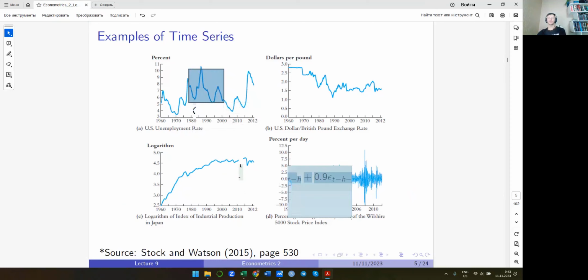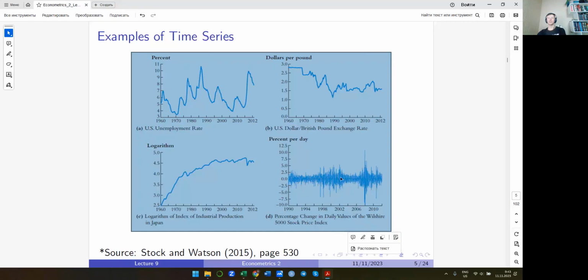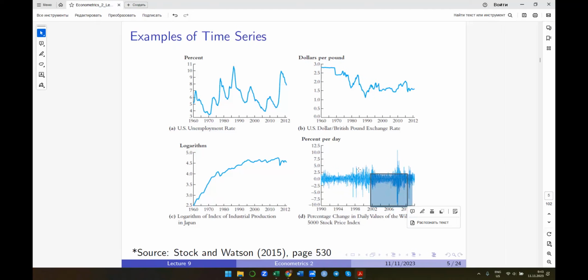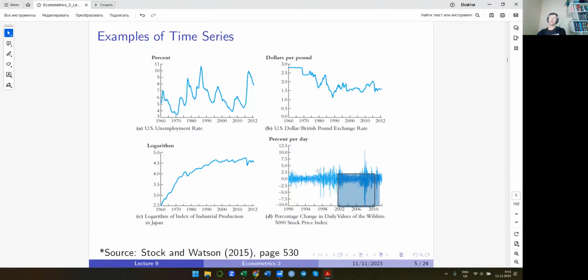What about this? Well, this is an interesting case because regarding the expected value, if we look at these 8 years from 90 to 98, and if we look at these 8 years from 2002 to 2010, the expected value is the same, it's 0. But the variance changes.